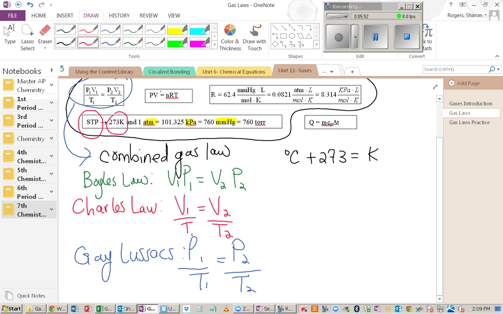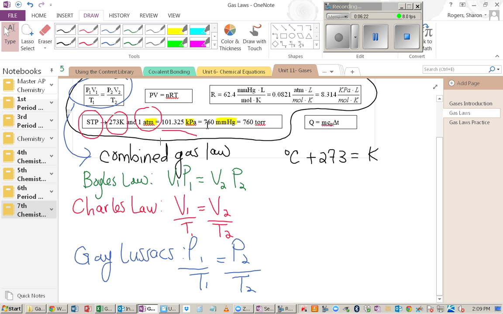Standard pressure is 1 atm. However, atm is 1 unit. I could also say standard pressure is 101.325 kPa, because 1 atm is equal to 101.325 kPa. Or I could say standard pressure is 760 mmHg or 760 torr, which is really the exact same conversion.